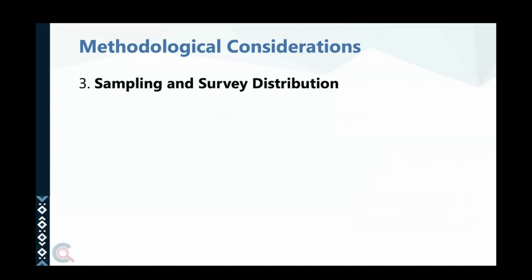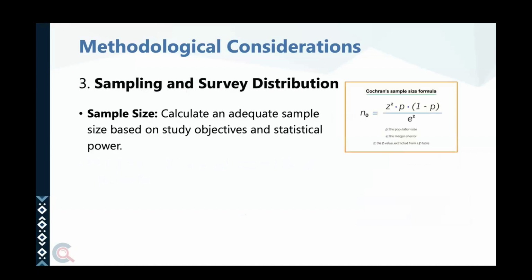The third methodological consideration is your sampling and survey distribution strategies. So sample size. For all studies, you must think about the sample size. And you should calculate an adequate sample size based on your study objectives and statistical power. How many people do you need to be confident to interpret your results in a reliable way?